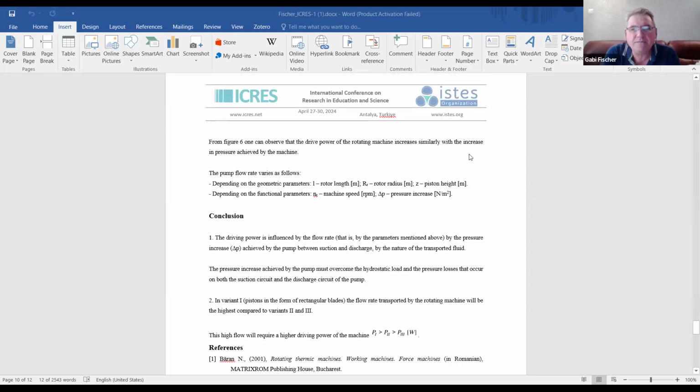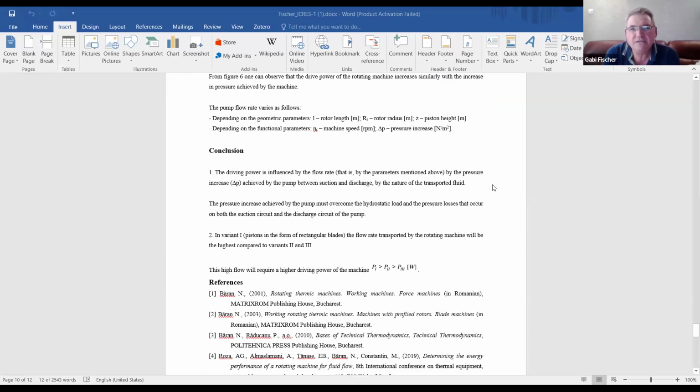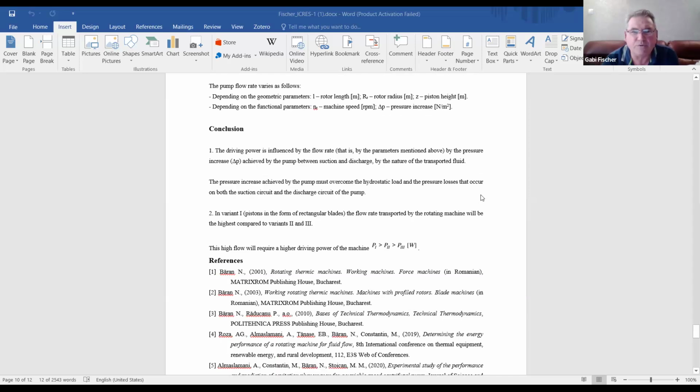The pump flow rate varies, but as we said before, depending on the geometric parameters and the functional parameters. So in conclusion, the driving power is influenced by the flow rate, by the parameters mentioned above, by the pressure increase achieved by the pump between suction and discharge, and by the nature of the fluid which is transported.